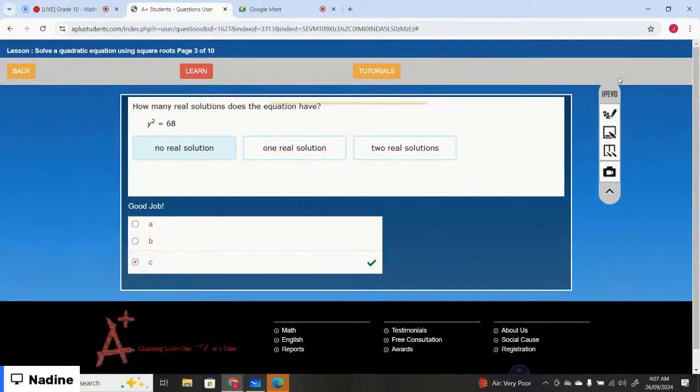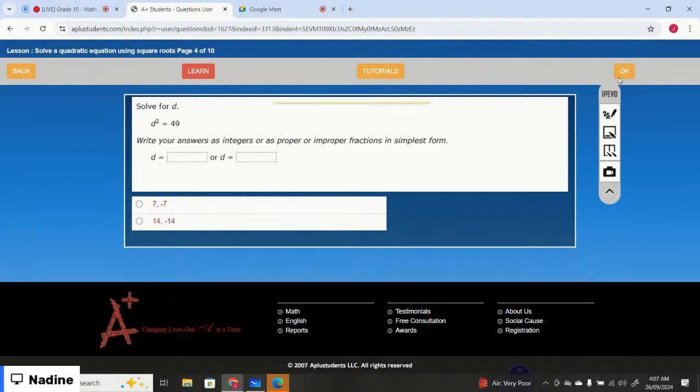Two real solutions, right? 68, you cannot get by multiplying two whole numbers, but the roots would be decimal numbers, so you have two real roots.